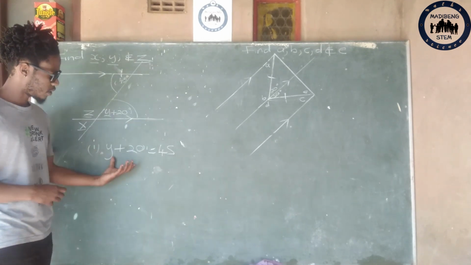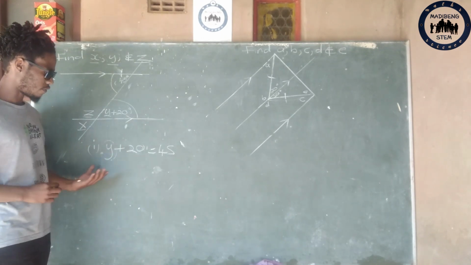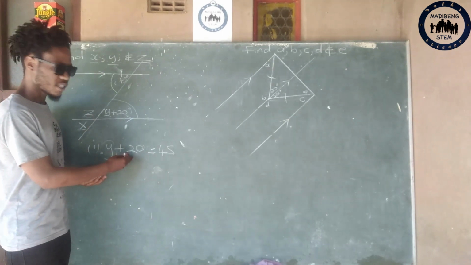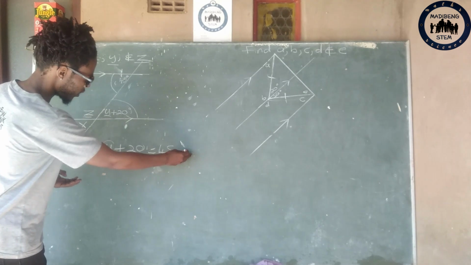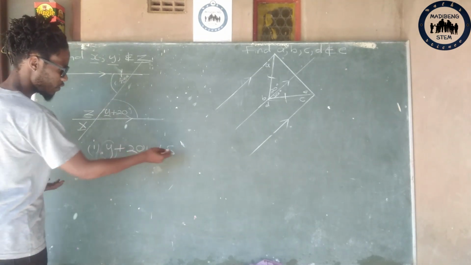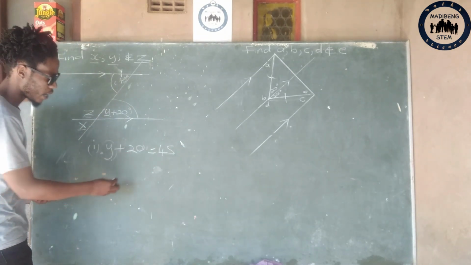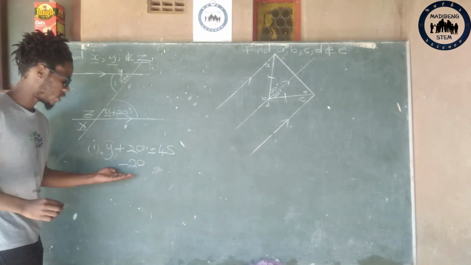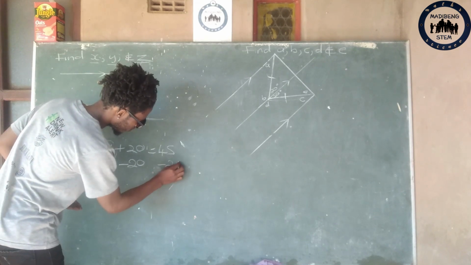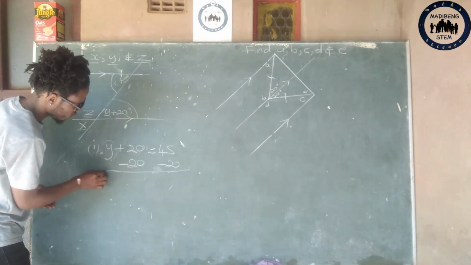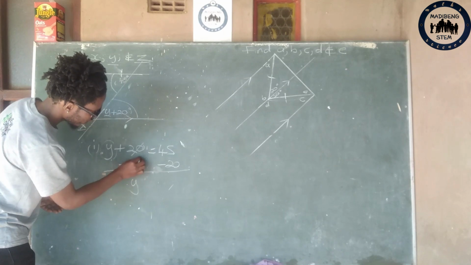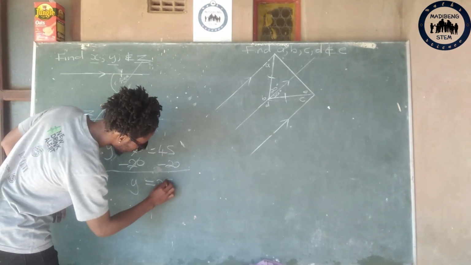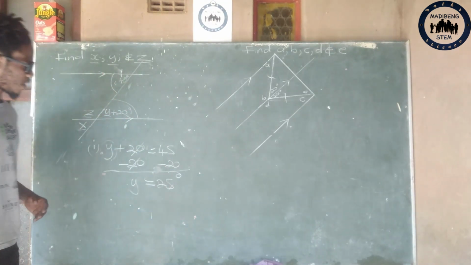So here we can see we have a variable that we're looking for, and we have numbers. So we can transpose this 20 to this side and subtract 20 from 45, and we get the value of y. So let's go ahead and transpose. We subtract 20 from both sides. This cancels this, then our y is 25. Our y is 25 degrees.